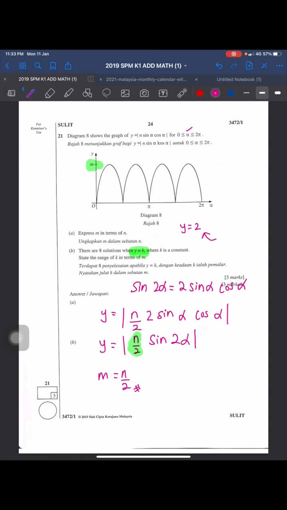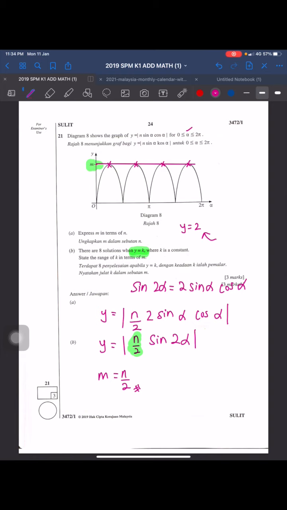So straight line yang manakah yang akan menghasilkan 8 solutions? For example, saya ambil yang pertama. Kita ada satu straight line di sini. From this straight line, kita akan dapat how many solutions? 1, 2, 3, 4. So only 4 solutions. Bukan apa yang kita nak.